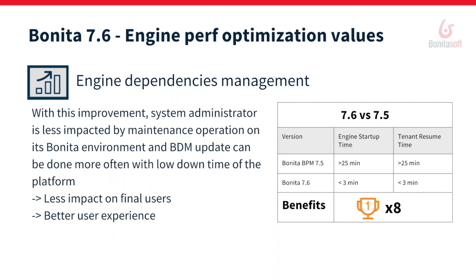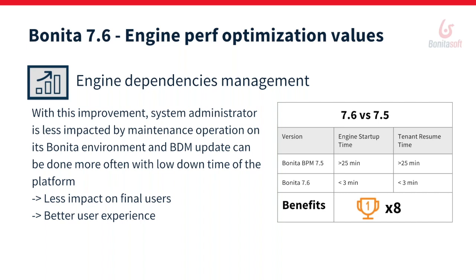Finally, the engine performance optimization. We worked with a customer that had a huge project involving hundreds of process definitions to dramatically improve the startup time of the Bonita platform.